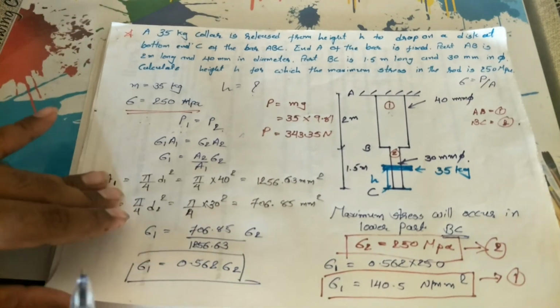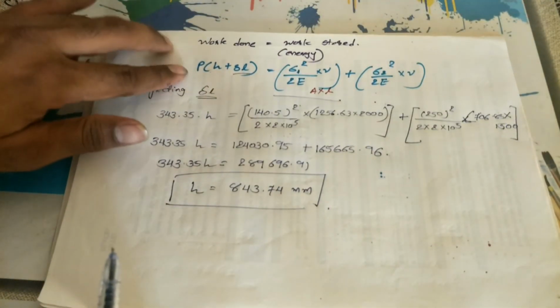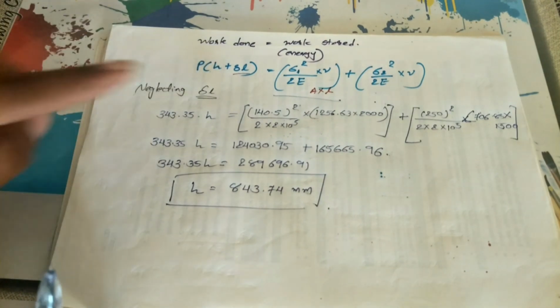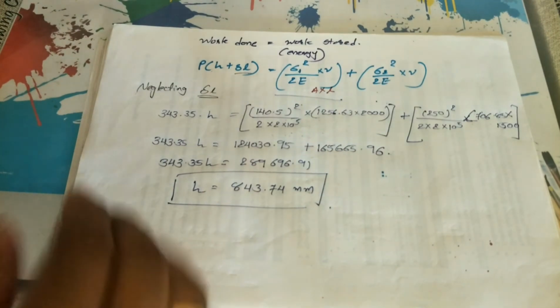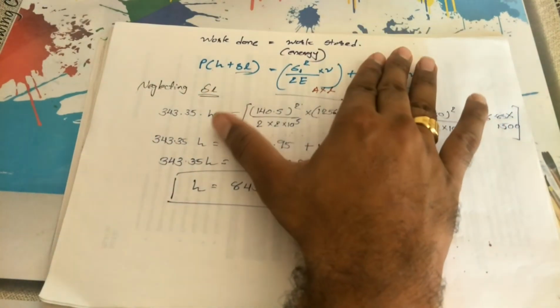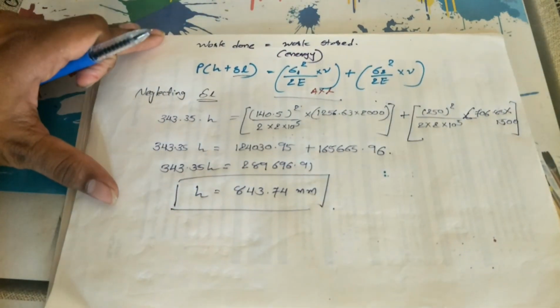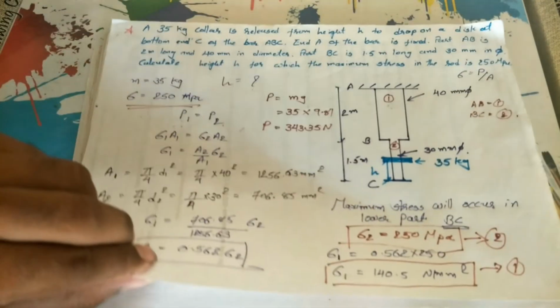So at that time you have to use the formula of impact loading, that is P(H plus delta L) equal to work stored, that is sigma square by twice E into V. If there is a variation in diameter, then you need to use the whole equation. So this is all about your first example of strain energy. Thank you.